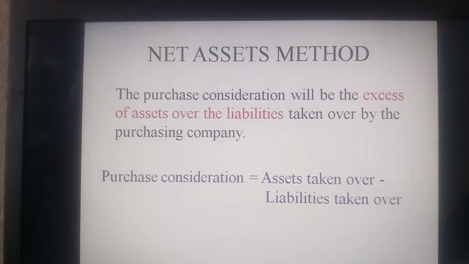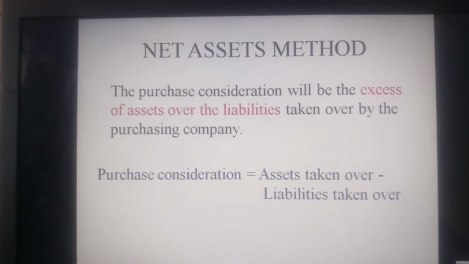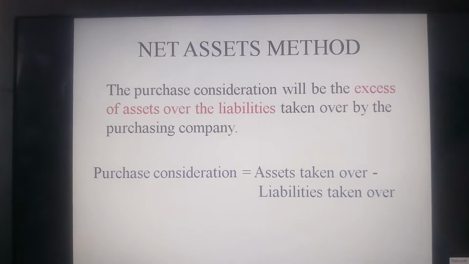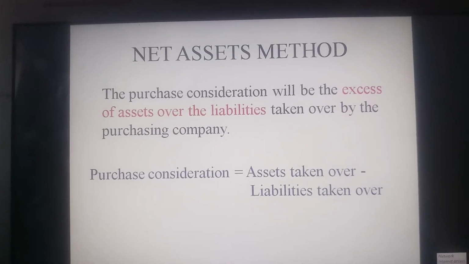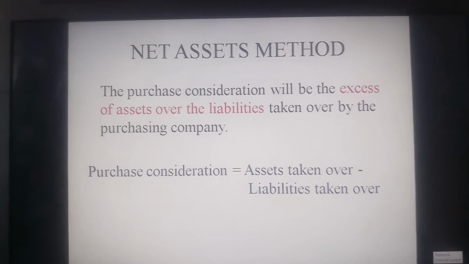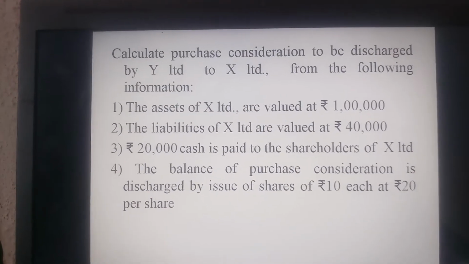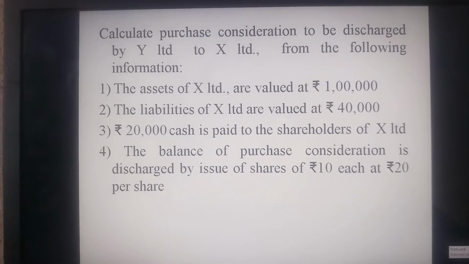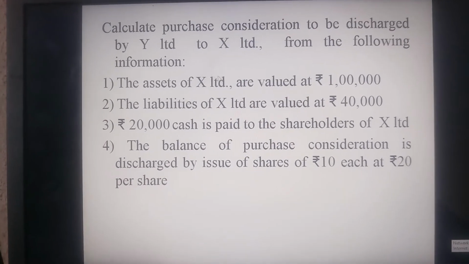Then the next method is net asset method. Under net asset method, calculation of purchase consideration will be the total asset taken over by the company as well as the liability taken over by the company. We have to compare these two and the difference will be treated as the purchase consideration. So the problem: calculate purchase consideration to be discharged by Y Limited to X Limited from the following information.